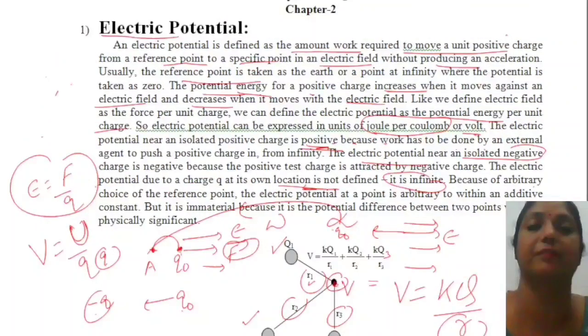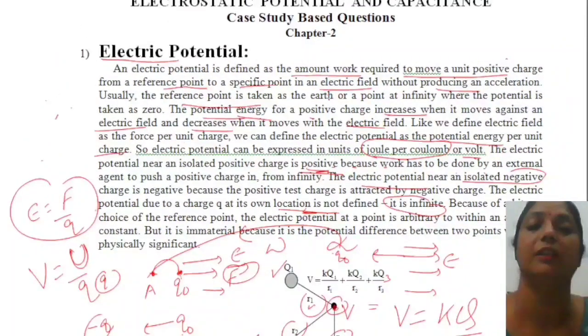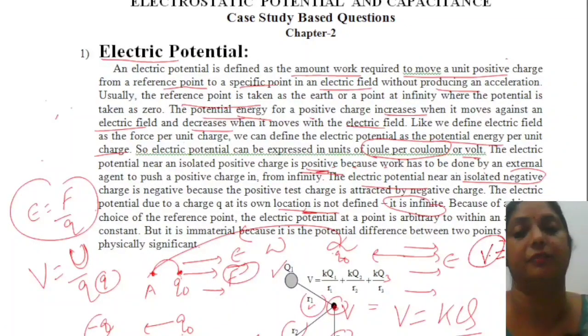It is given what electric potential is, what the formula for electric potential is, and what the direction is for electric potential due to a positive charge and due to a negative charge. Electric potential is always in a direction opposite to that of the electric field. It means it decreases in the direction of the electric field. Okay, so hope it's clear to all of you.